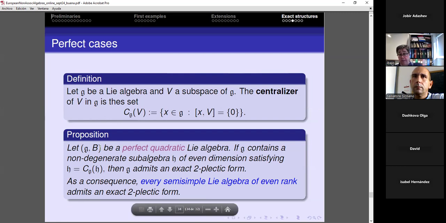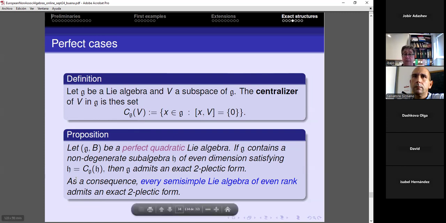And then we have this result in which we suppose that we have a perfect quadratic Lie algebra. Recall that perfect means, for a quadratic Lie algebra, that it is centerless, or if you want, that G is actually the commutator algebra. Okay, so if G contains a non-degenerate subalgebra of even dimension, which is its own centralizer, then it admits an exact two-plectic form.